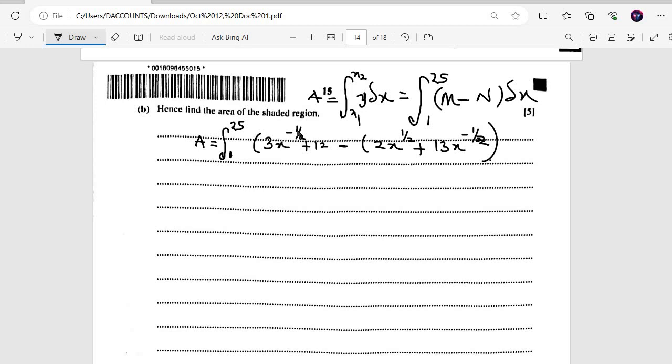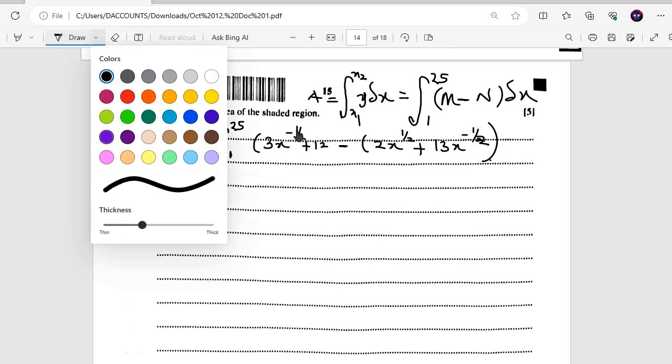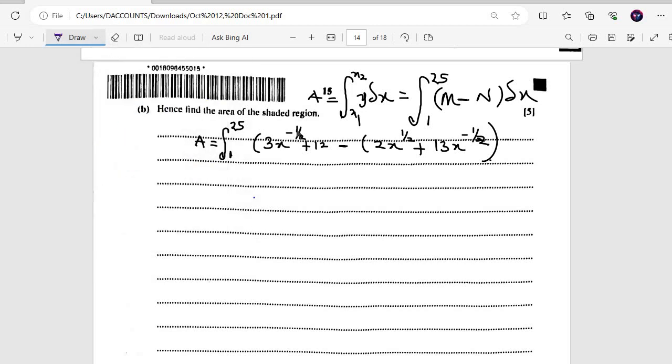So at the end of the day, let me change it to blue. It's too dark. So the area, don't forget your integral, 25 to 1, of 3x to the power minus half plus 12 minus 2x to the power half minus 13x to the power minus half dx.